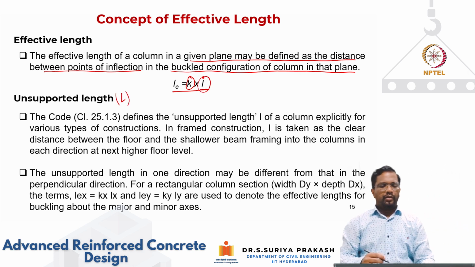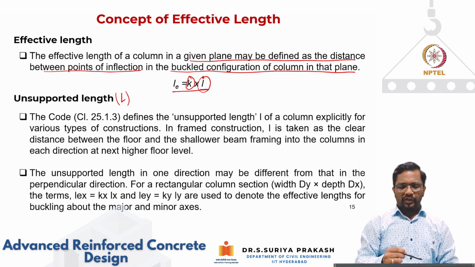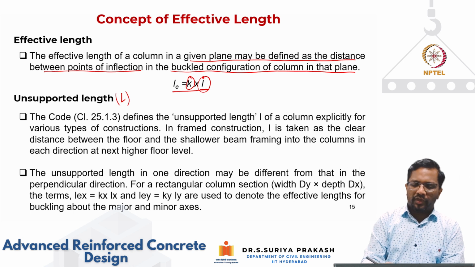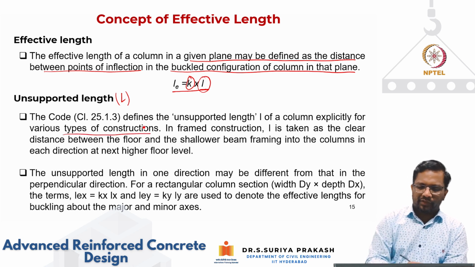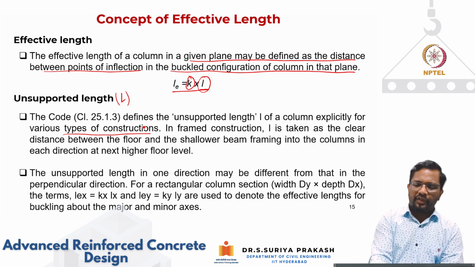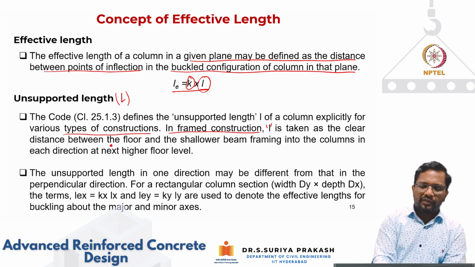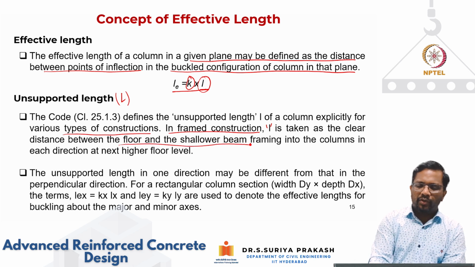Now our IS code, clause 25.1.3, defines the unsupported length explicitly for various types of constructions. For cast in place construction or even for precast, most of the time in buildings we use framed construction. L here is taken as the clear distance between the floor and the shallower beam framing into the columns in each direction.